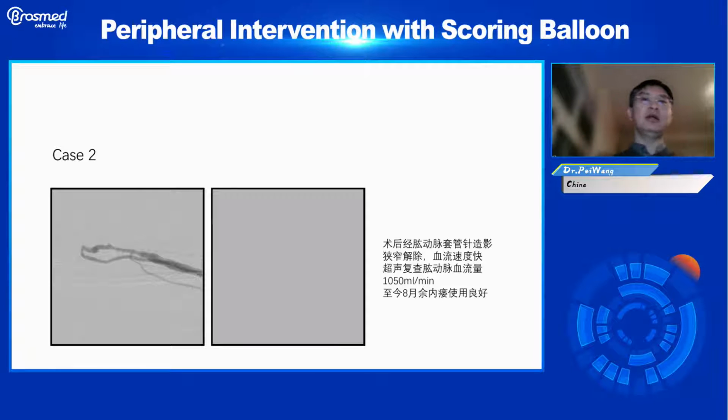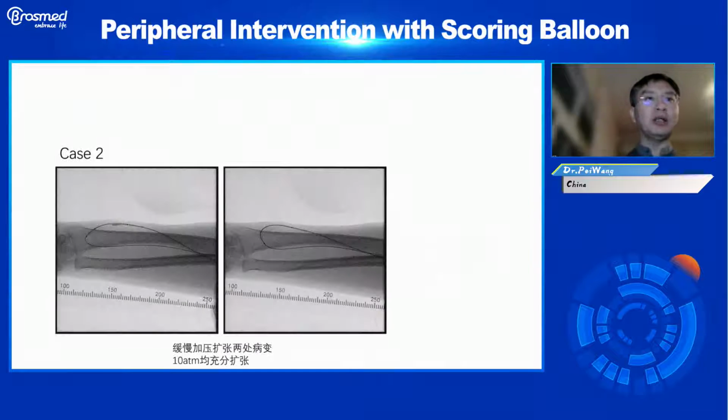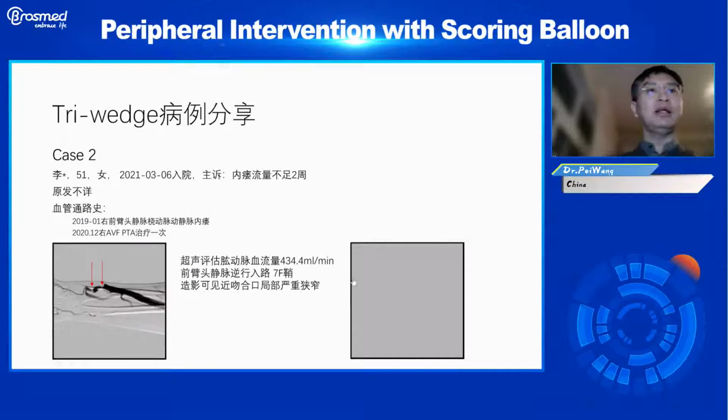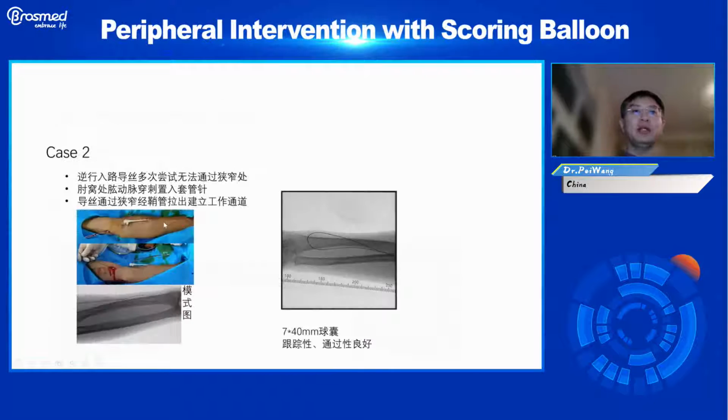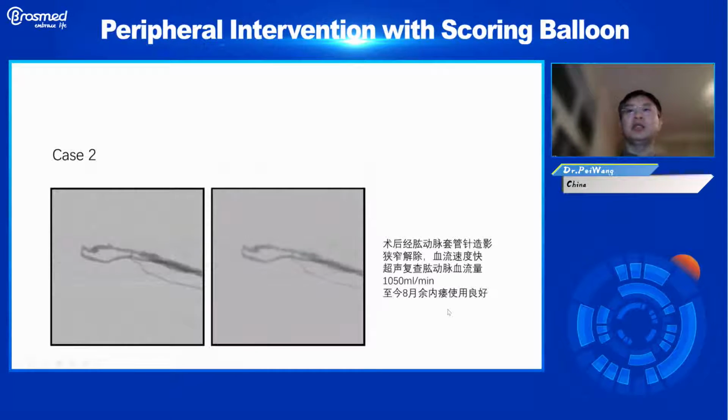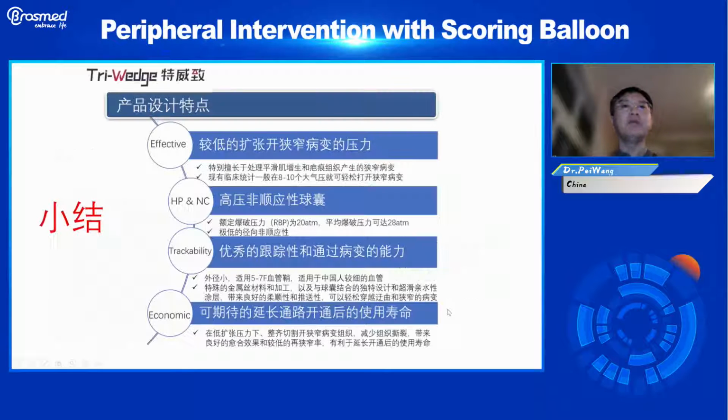The internal fistula was in good function. And for the last dilation, she used it for 3 months. So from December 2020 to March 2021, she used the channel for 3 months. But this time, she has been using the channel for 8 months, so it has been good.